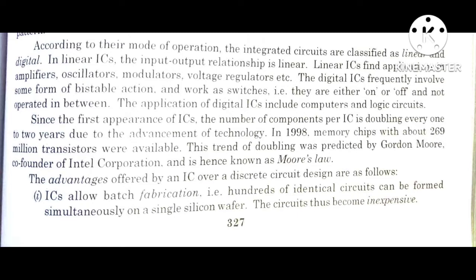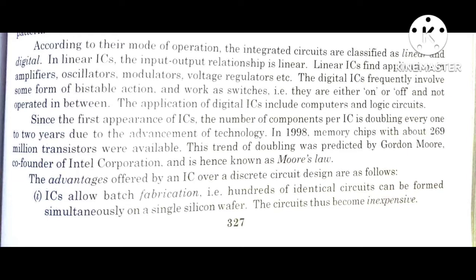Linear ICs find applications in amplifiers, oscillators, modulators, voltage regulators, etc. The digital ICs frequently involve some form of bistable action and work as switches. They are either on or off and not operated in between. The applications of digital ICs include computers and logic circuits.